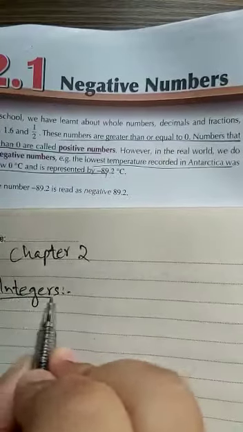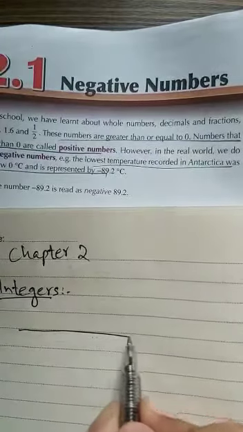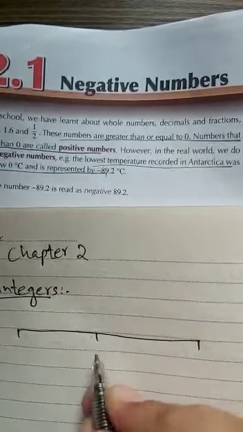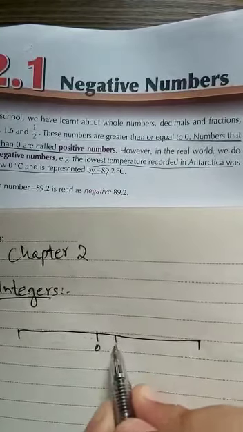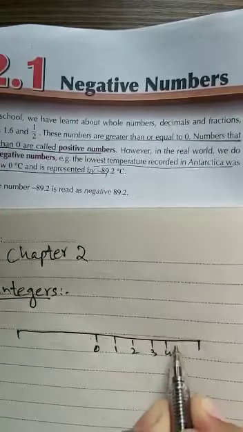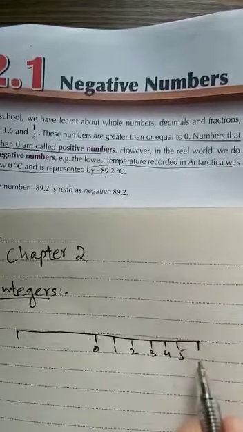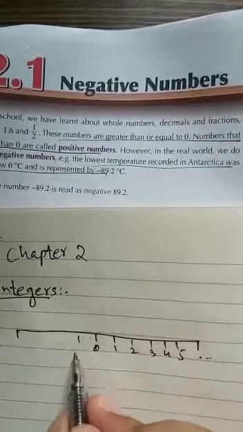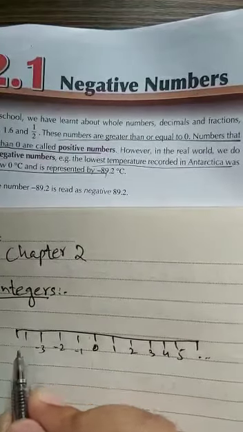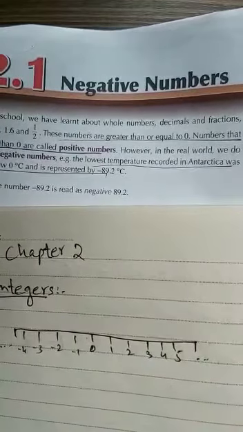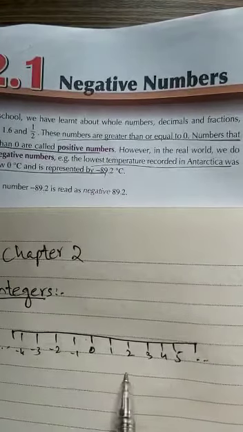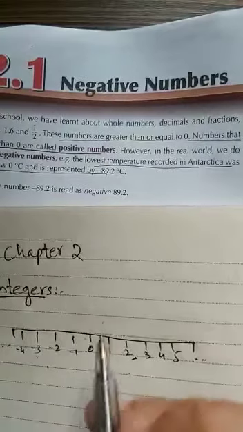Integers are the numbers which we usually draw on the number line. 0, 1, 2, 3, 4, 5 and so on. Here -1, -2, -3, -4 and so on. So integers are basically the numbers having the positive and negative sign.